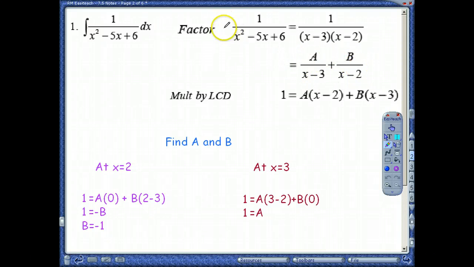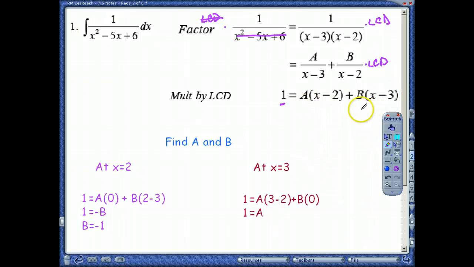So I literally multiplied both sides by the LCD. This side over here, that LCD canceled with everything on the bottom, so that's how I got the 1. When I multiplied this side by the LCD, the x minus 3 canceled, so I just had the x minus 2. On this fraction, the x minus 2 cancels, so I had the x minus 3.